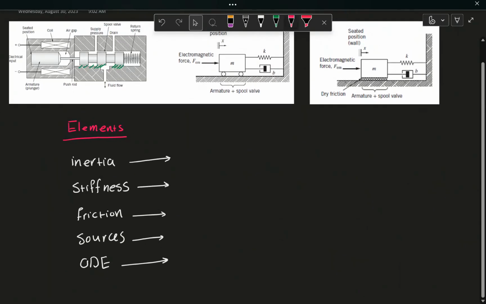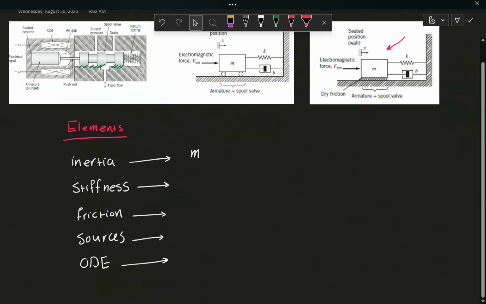If you look at the schematics of the system here on the right side, you see that I have only one mass element. Since it's a mechanical translation, I'm going to include that mass as my inertia element.